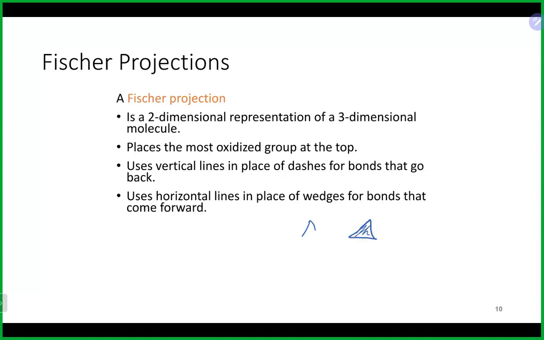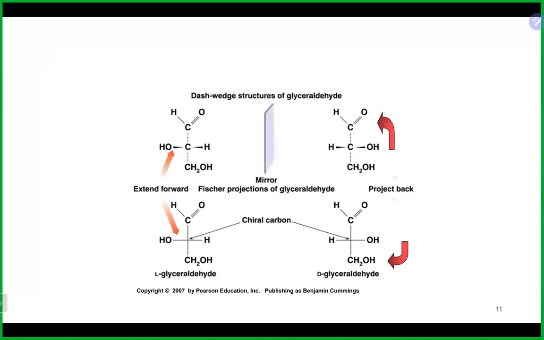Sometimes people will use a wedge in their pictures to indicate that that group is coming out of the paper. And sometimes people will use a dash line to indicate whatever is attached there is going behind the paper in three dimensions. So Fischer projections will use vertical lines and horizontal lines in place of those situations. And again, that's what we see here.